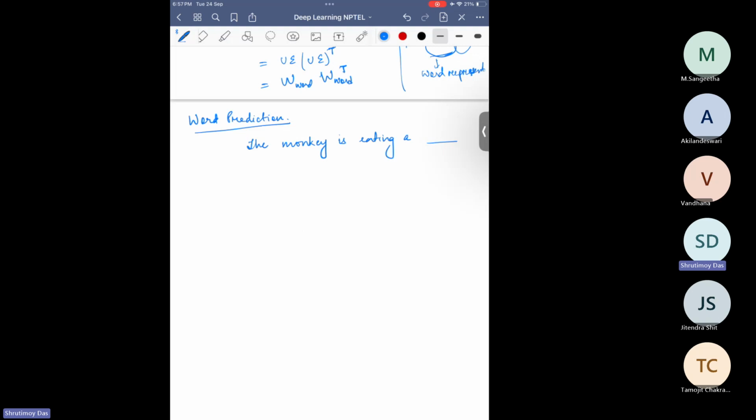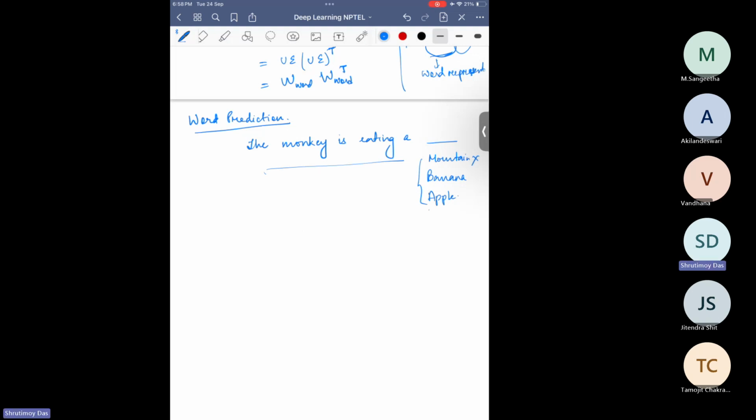It cannot, for example, say something like a mountain. That is wrong, right? The probability that the model predicts mountain in this case should be low, but it should be okay if it predicts banana or apple, right? So given the sentence, you want to predict which one of these is most likely.